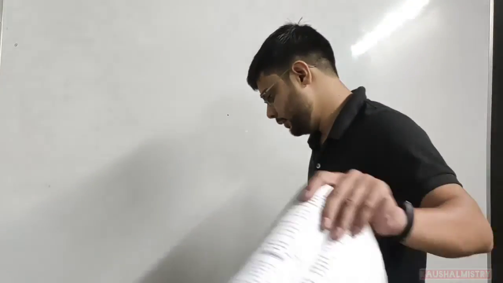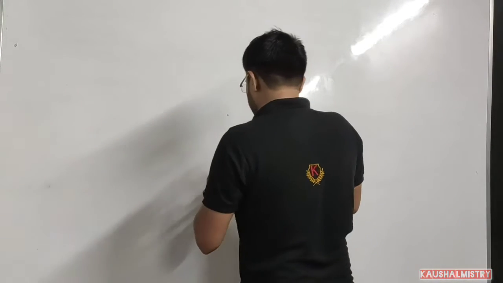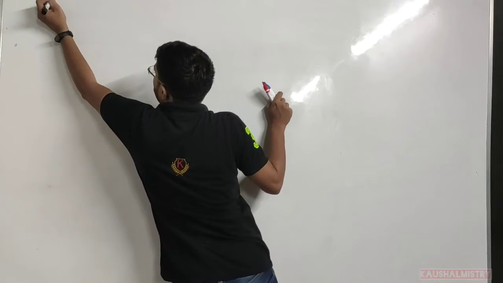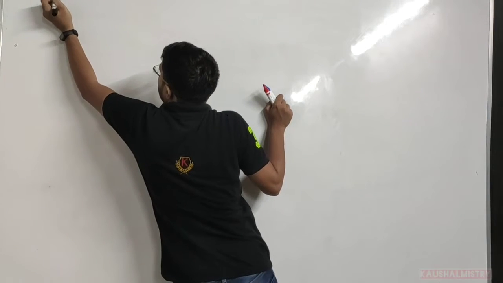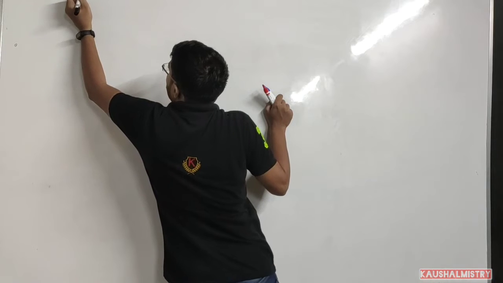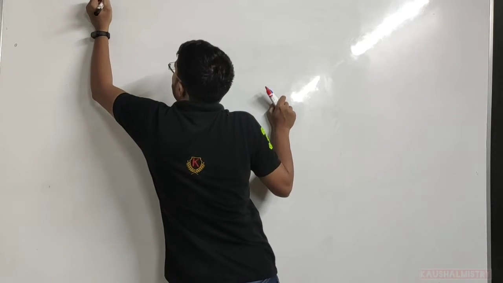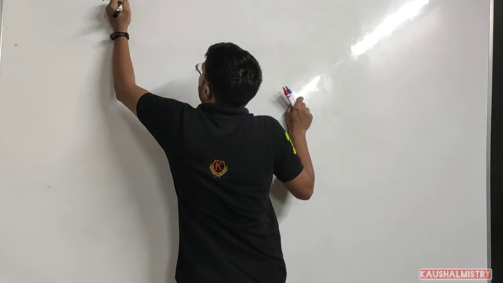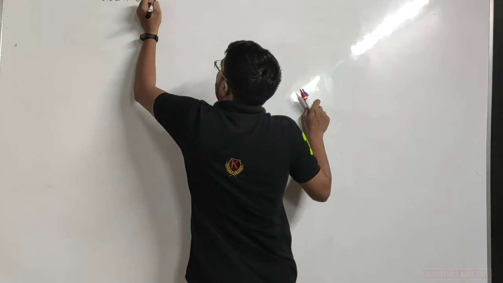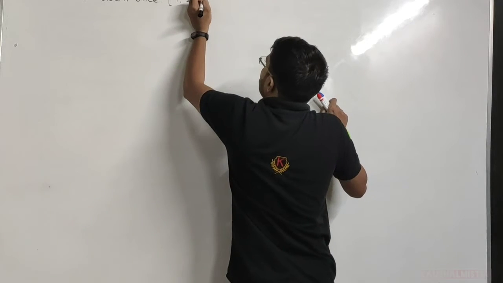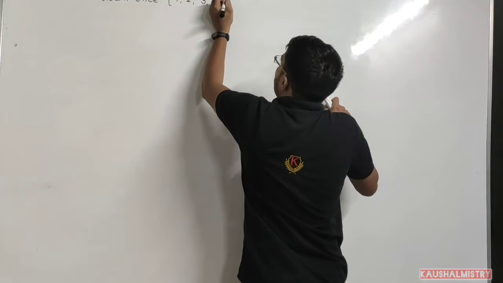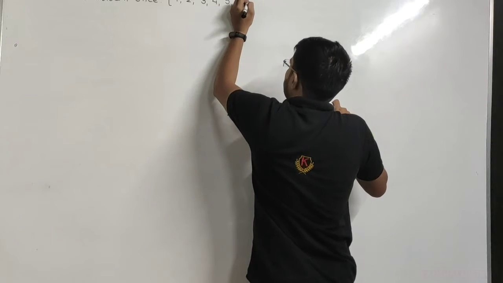Now we are going to discuss some important topics of the chapter probability, right? Now we know that if a dice is thrown once, how many results are possible? 1, 2, 3, 4, 5 and 6, right?